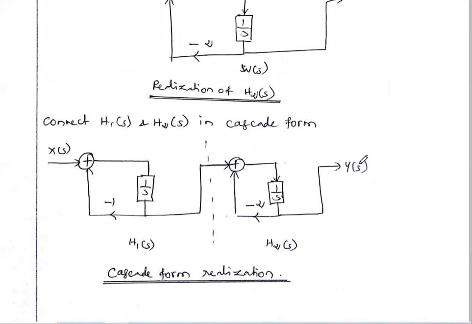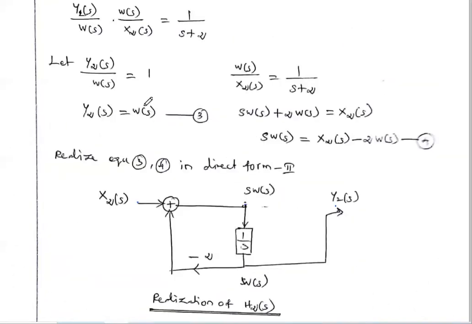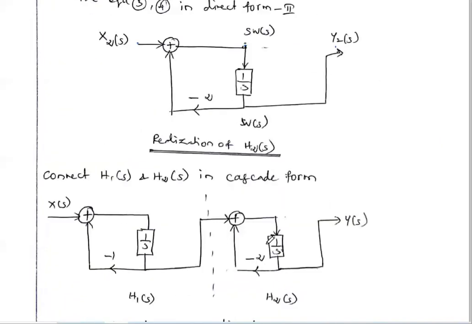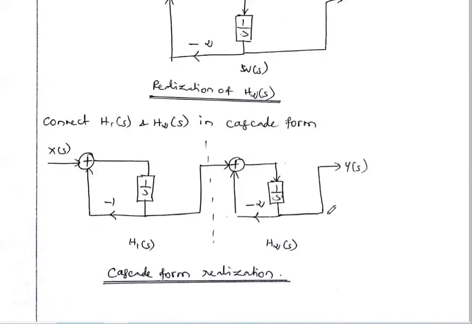The output of this second system is the resulting output Y of S. Input applied to the first system is the input X of S. So you have to connect H1 of S and H2 of S diagrams in series. Cascade means series. So this is the cascade form realization.